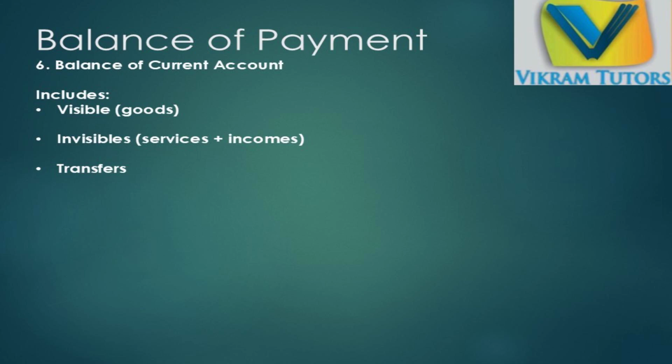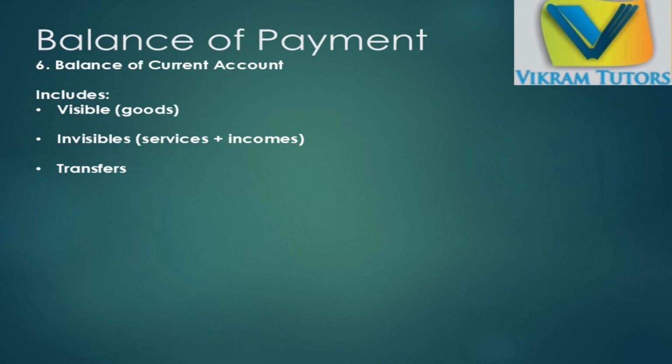The balance of the current account is a key indicator in a country's international financial position. It is composed of three main components: visibles, invisibles, and transfers. Visibles refer to the trade in physical goods, such as exports and imports of products.